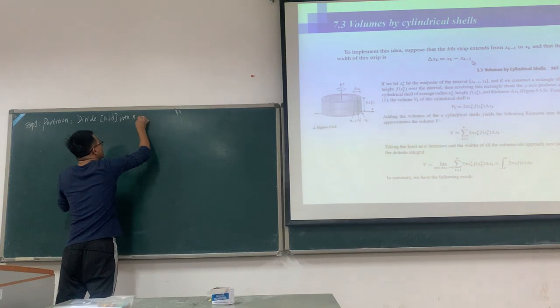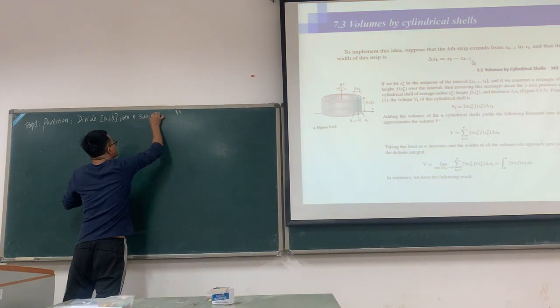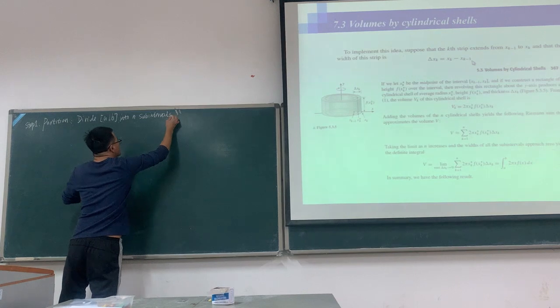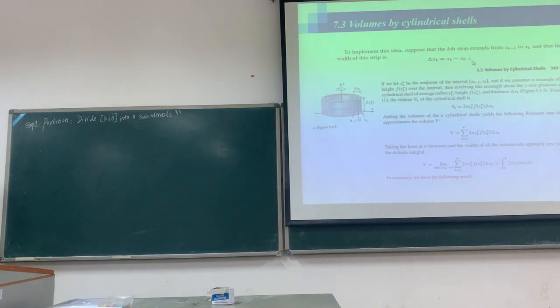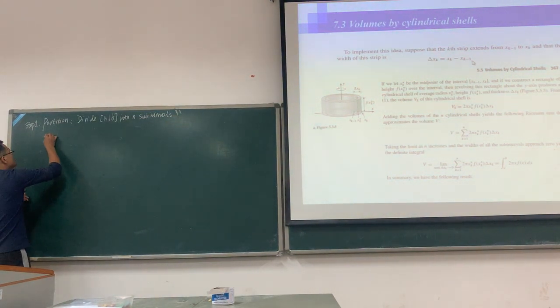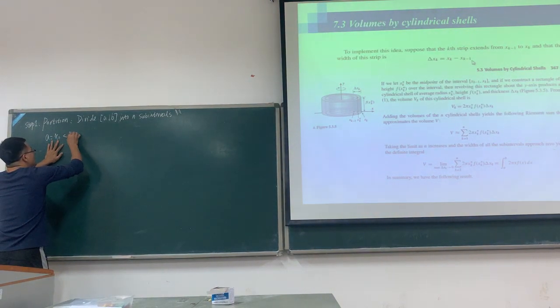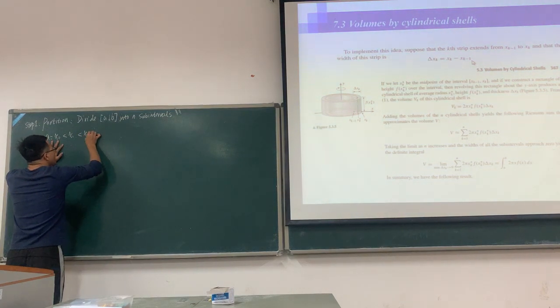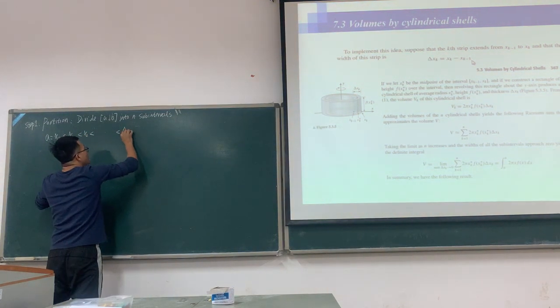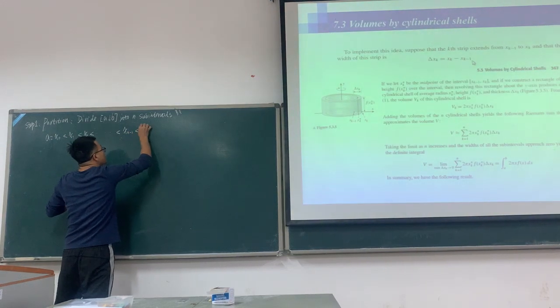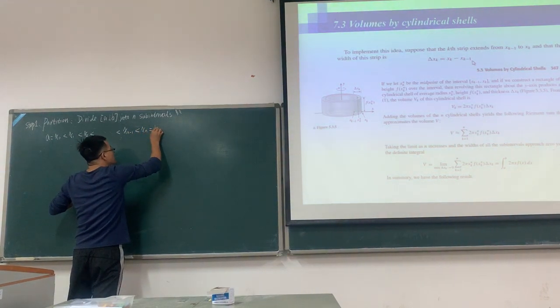These subintervals are given by the points x0, x1, x2, x3, up to xn minus 1 and xn, where x0 is a and xn is b.